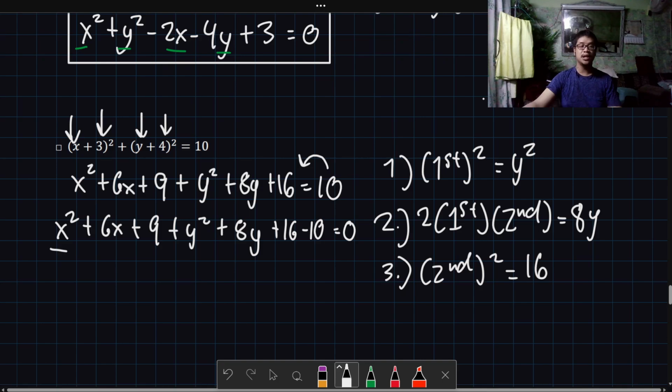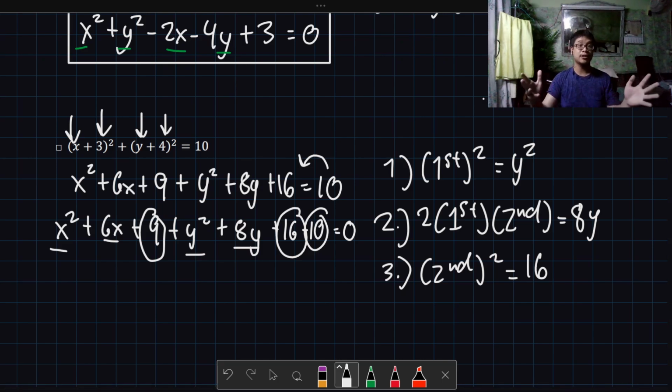So x squared is alone, 6x is alone, y squared is alone, 8y is alone. But for the constant terms, they're not alone. 9, 16, and negative 10 are constant terms, so they are like terms. We're going to add them together.